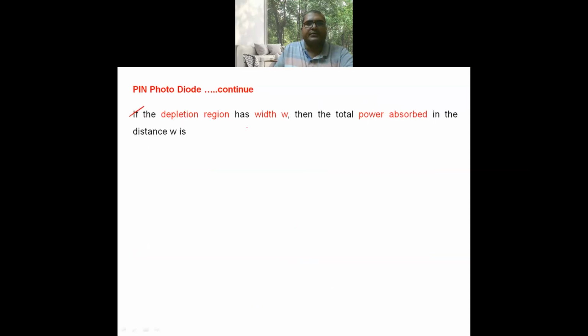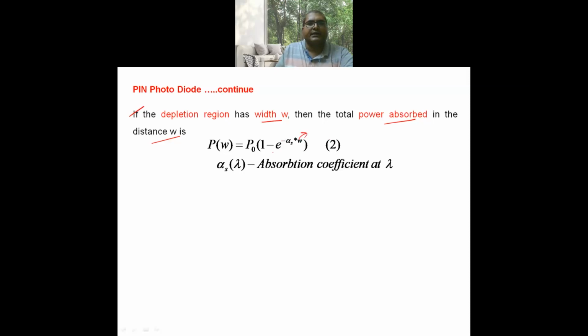If the photon region has width w, then the total power absorbed in the distance w is given by P of w equals P naught times (1 minus e power minus alpha s w). Here w is the width of the depletion region, and alpha s is the absorption coefficient at wavelength lambda.